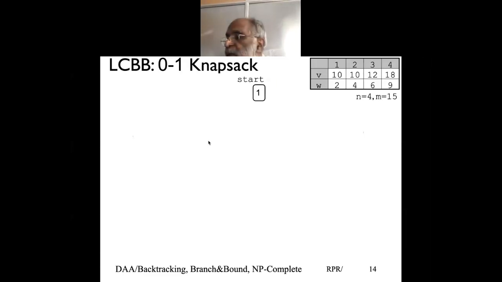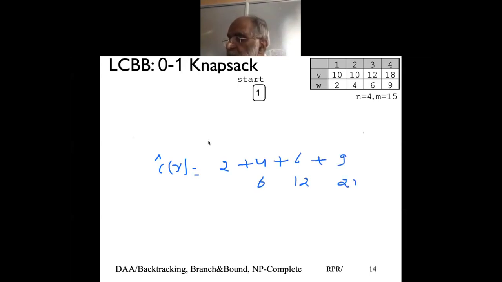So what would my Cx be? Estimated Cx means starting to include items from the beginning until I reach the capacity. The first item has weight 2, then 4, this becomes 6, 6 plus 6 becomes 12, and if I include 9, it becomes 21. That means this item cannot be included.